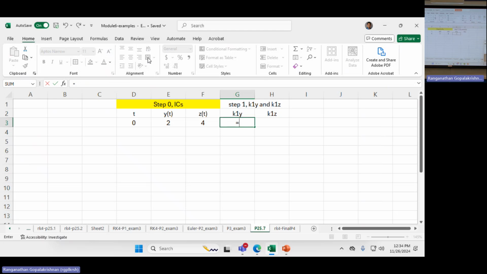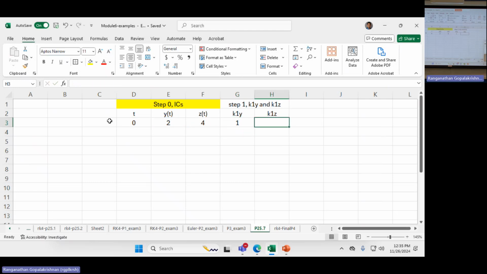So the function evaluated at t, y and z would be minus 2y plus pi exponent of minus t.